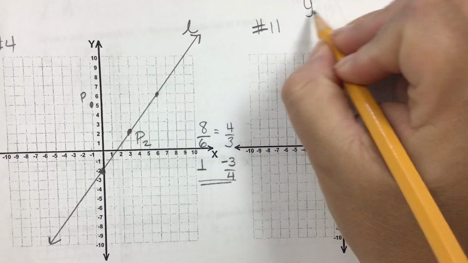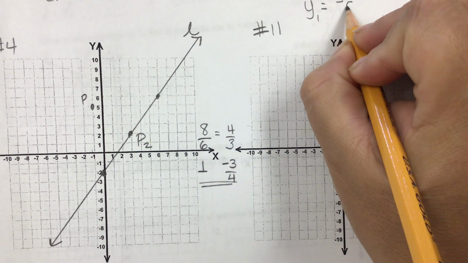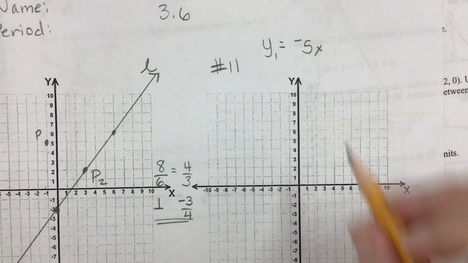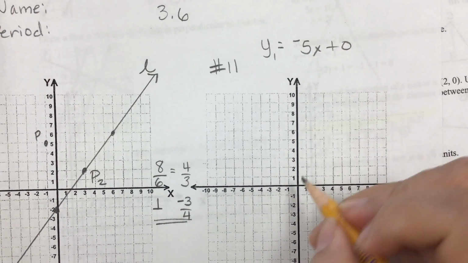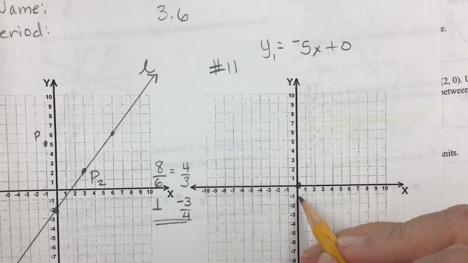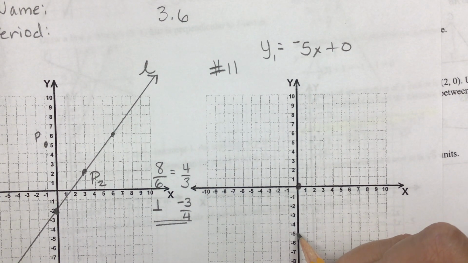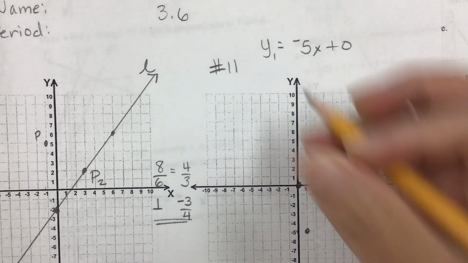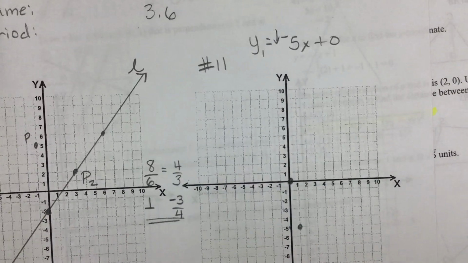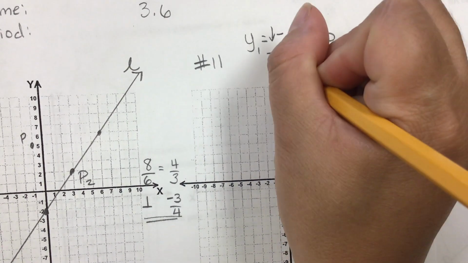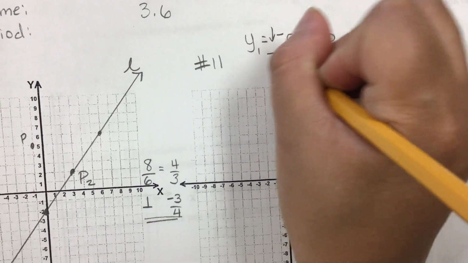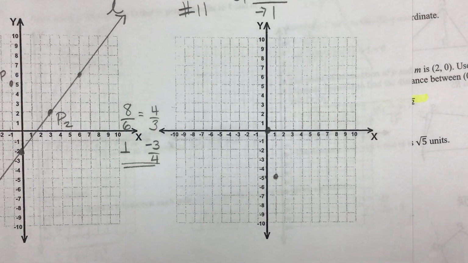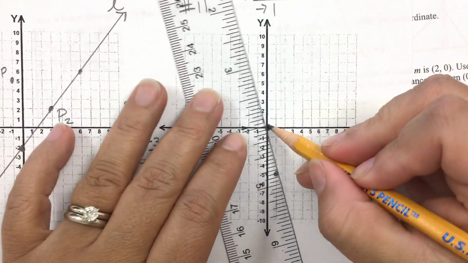We have that first equation, y1, which is -5x. That means we start at the 0 and go down 5, 1, 2, 3, 4, 5, and to the right 1. That -5 means down and then to the right 1. We're going to connect these 2 dots.